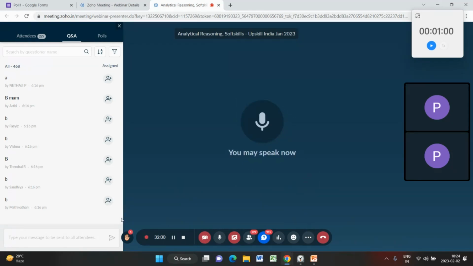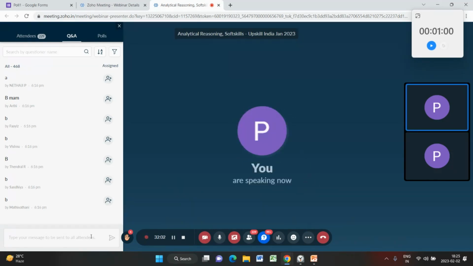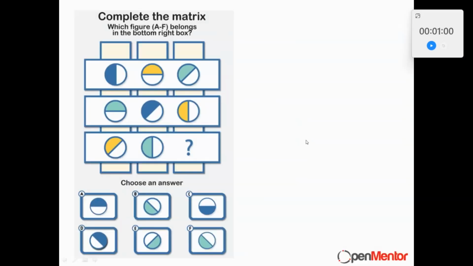The chat box is not refreshing. I'm not able to get it. Okay, let us go back here. Now, all of them are circles. Hint one is all of them are circles, and there are different degrees of rotation.